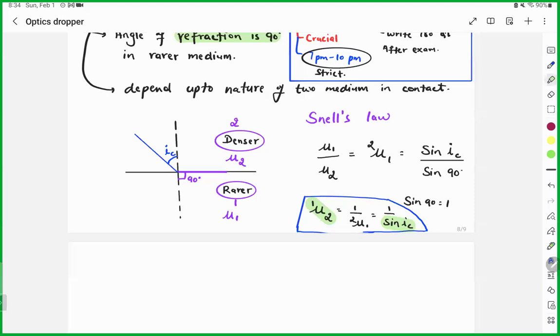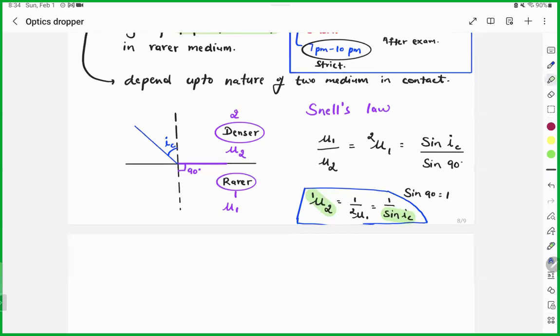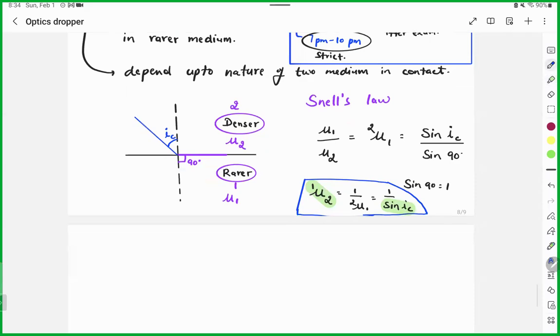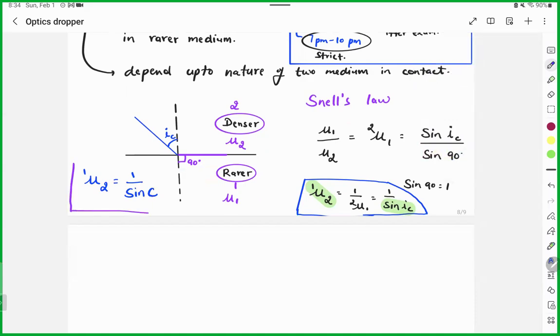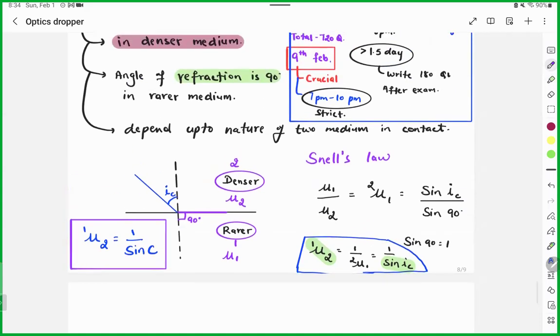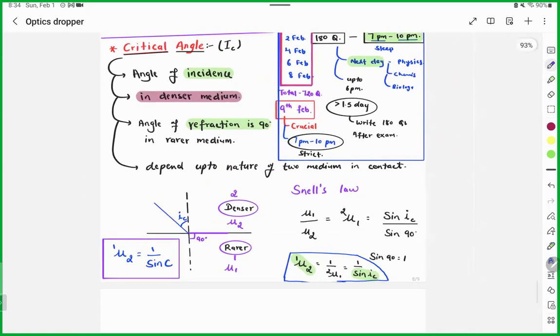That's why we are writing nu 1 2. Okay, that is the ultimate thing. Remember, we focus on nu 1 2, not 2 1. Only 1 2. Very, very, very extremely important for your exam. Nu 1 2, not 2 1. And your critical angle is done.